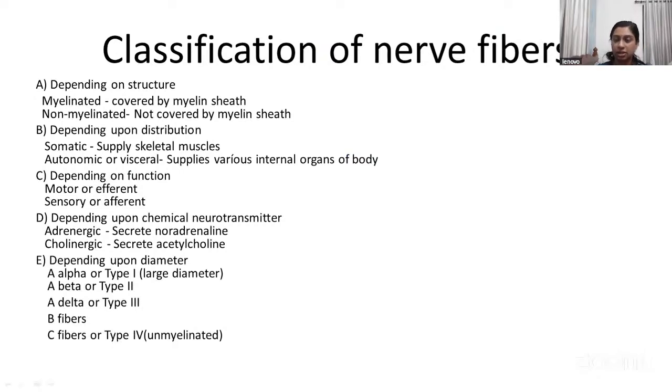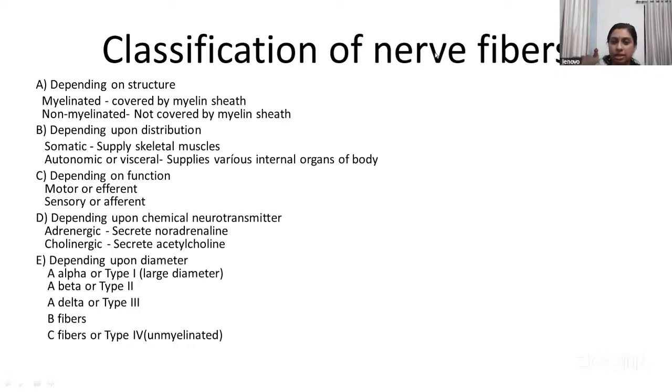We can start with the classification of nerve fibers. We can classify nerve fibers broadly into 5 types, means according to 5 reasons. First is depending on the structure: myelinated and unmyelinated or non-myelinated fibers.